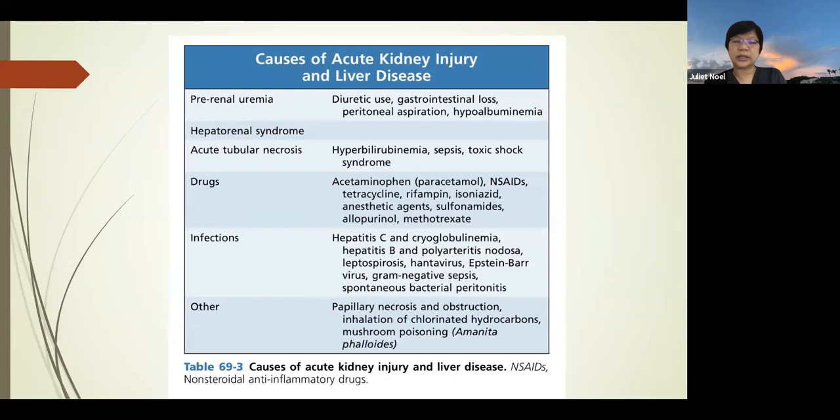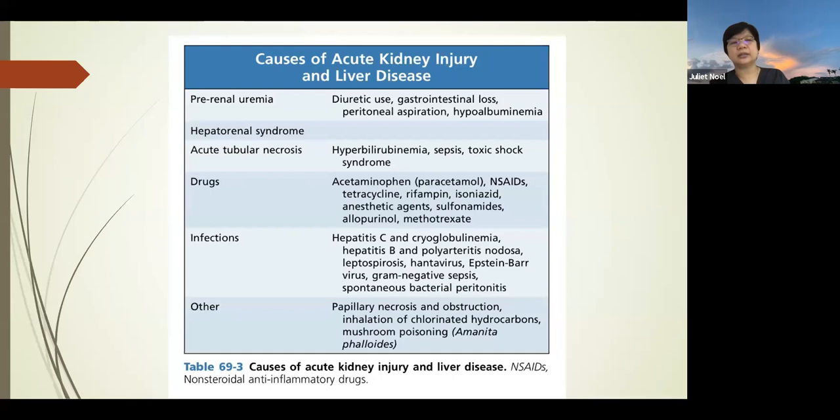Then there's gastrointestinal loss, peritoneal aspiration, and hypoalbuminemia, which predisposes them to increased edema, more in the extracellular, interstitial space. The other one would be hepatorenal syndrome.